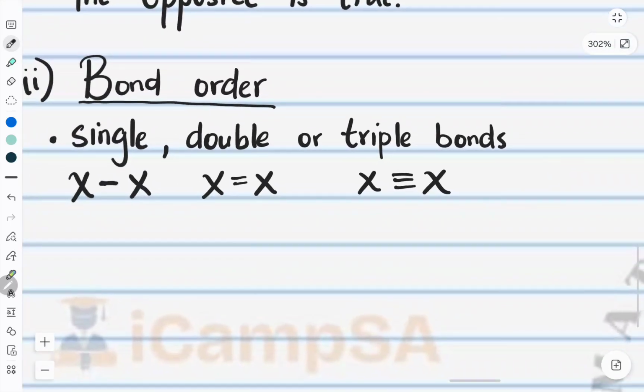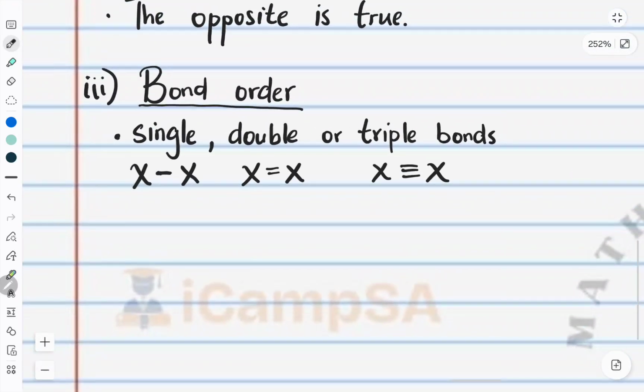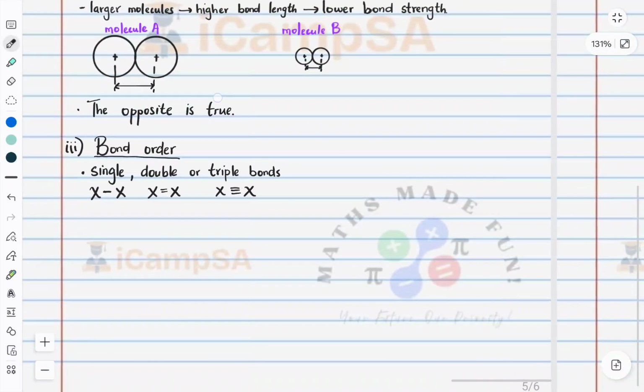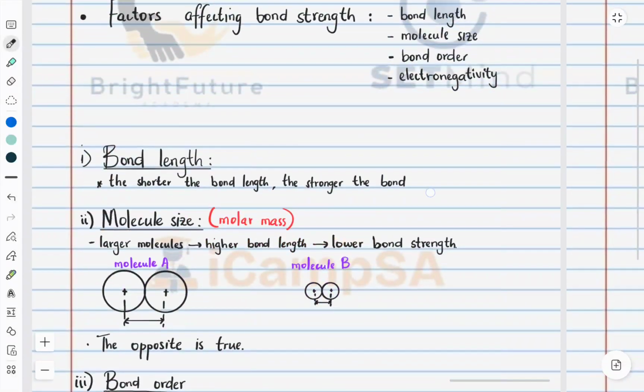We will focus on these bonds in another video. You can check that out. We are doing the Lewis dot diagram, and there you will find how we find all these triple bonds. But for this video, our main focus is just on how it affects the bond strength.